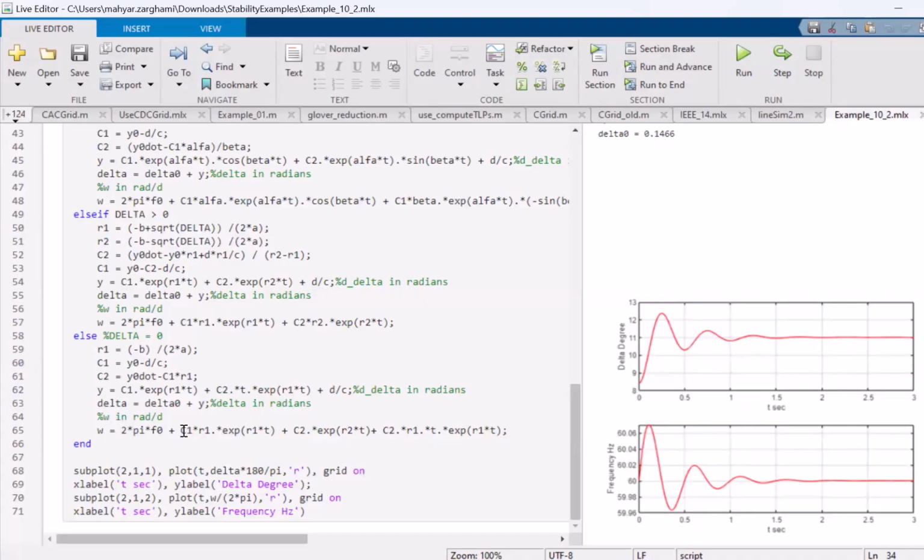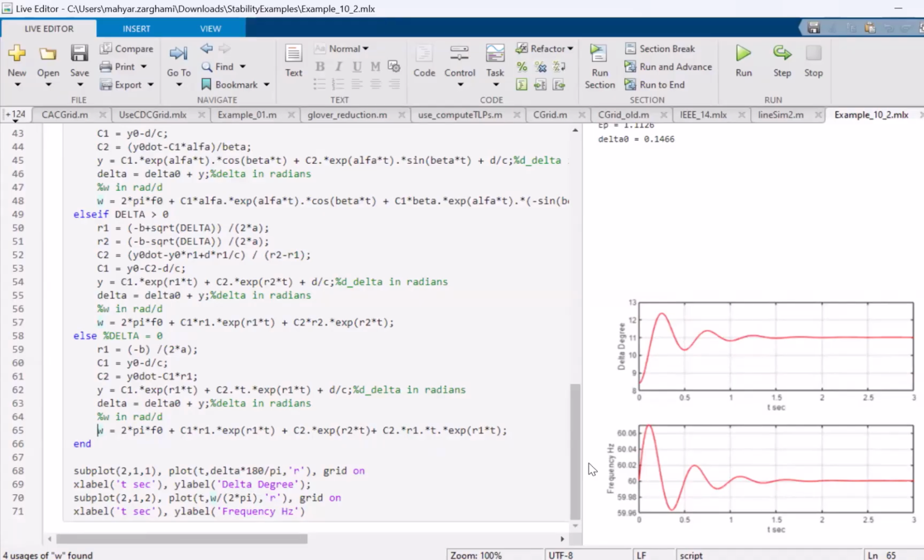Remember, delta is delta 0 plus our delta delta, which is y in here. And omega is omega 0, which is 2 pi f0, plus this delta omega. So remember that. Once you find omega, you have to divide it over 2 pi to find the frequency in hertz. So this is how your system is changing.